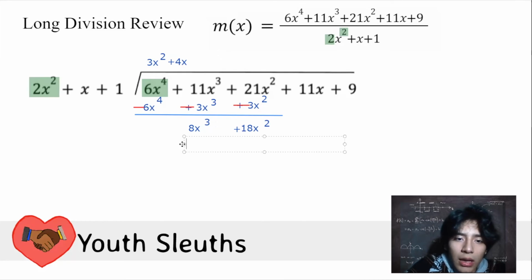And so then I will distribute the 4x to my divisor, and that is 8x cubed. Oh, I forgot an important step. Before we multiply, we must first bring down our next term, which is plus 11x.